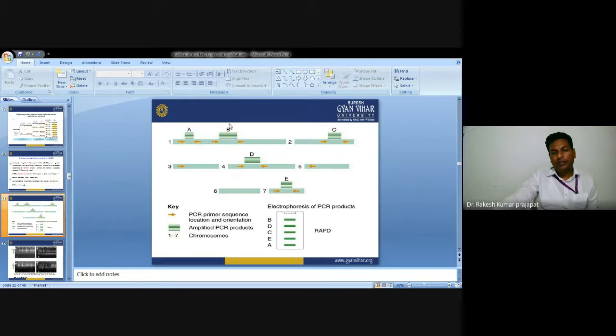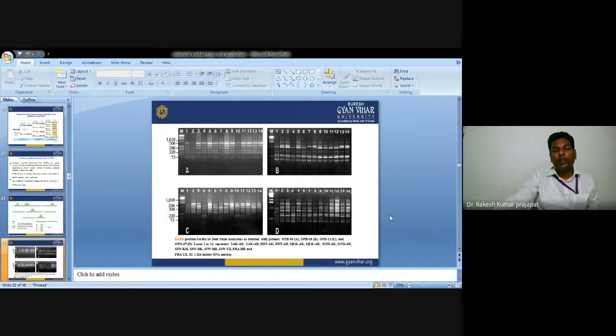Randomly it will bind to different locations in the genome and give you different fragments. That is the basic principle behind RAPD, random amplification. Then we look for the polymorphism. This is what the RAPD profile looks like. If random amplification is there, it will give you random fragments.